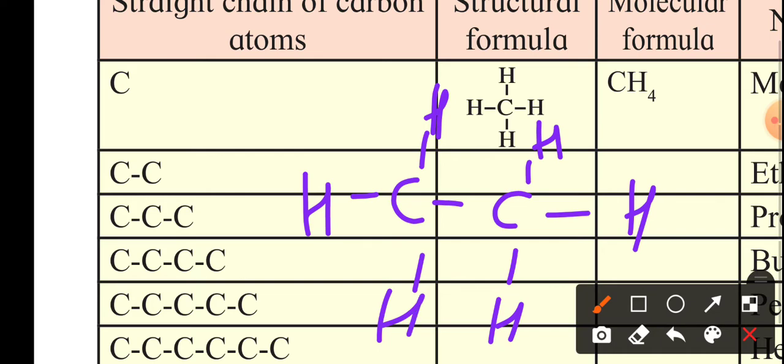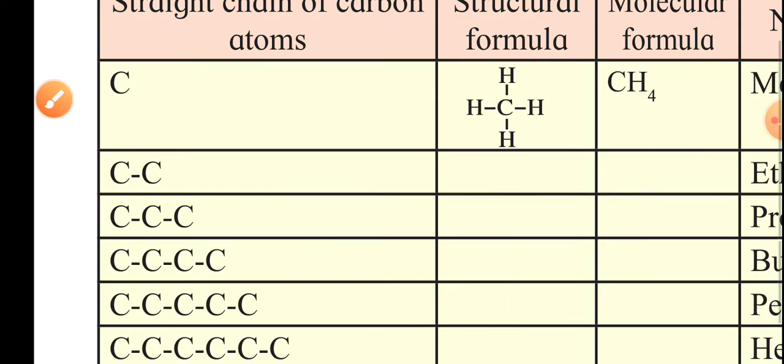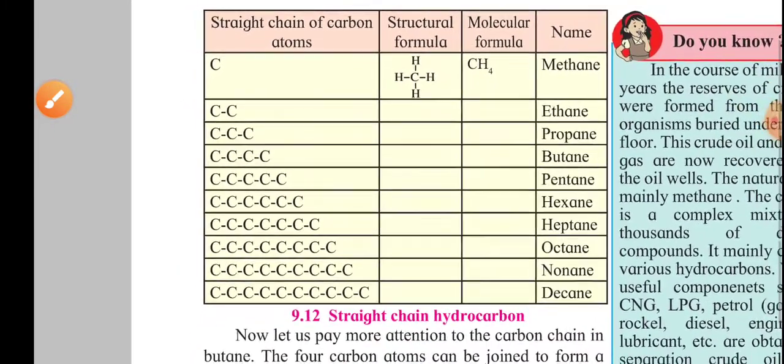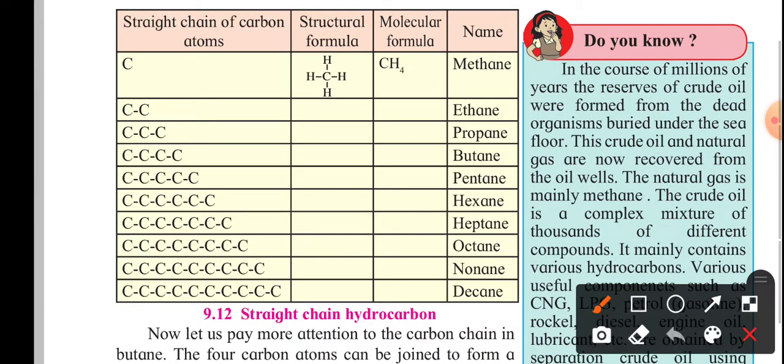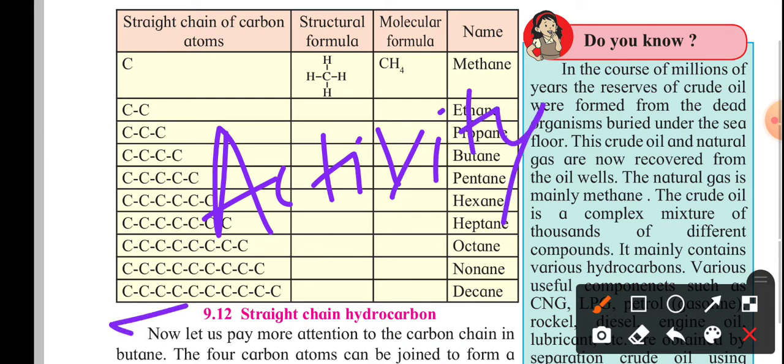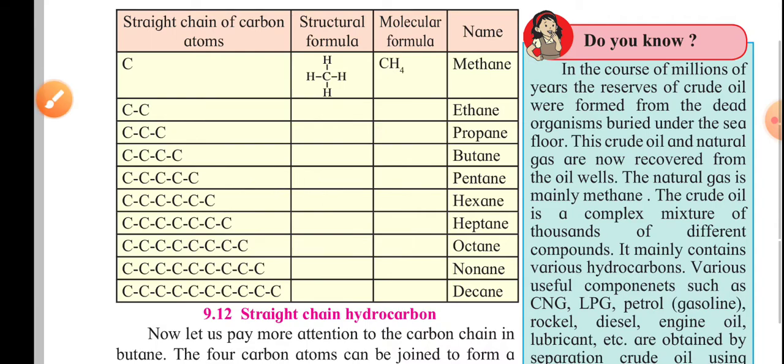So here, if you count it, it is C2H6. Like that, you have to write for the others. You can take it from this and complete this table as an activity for you. So this is an activity which you have to complete.